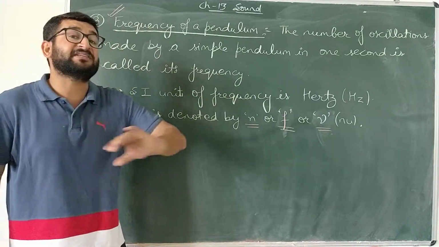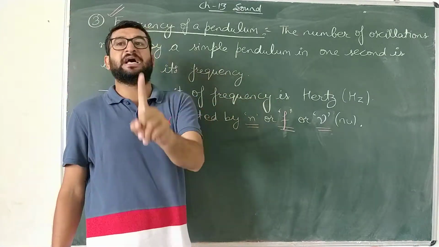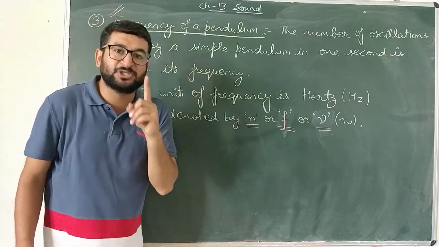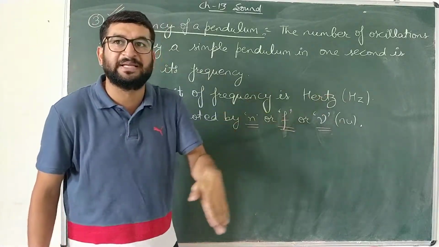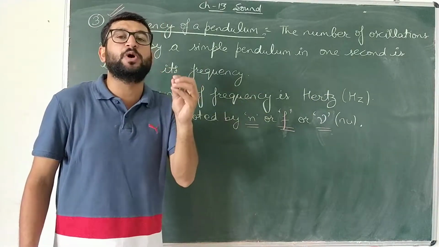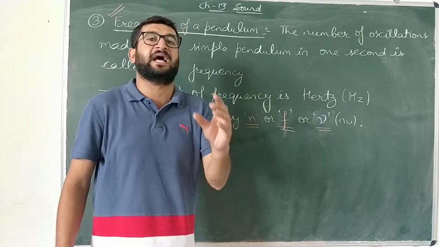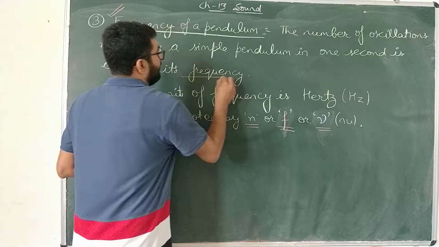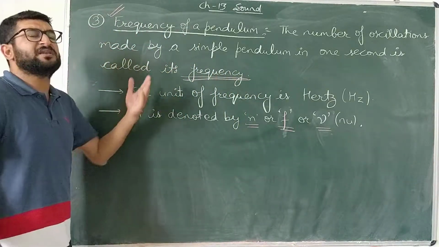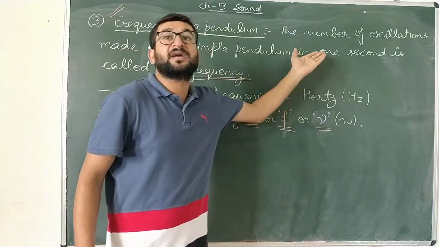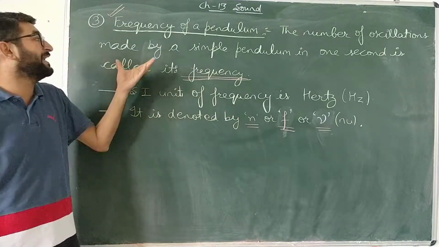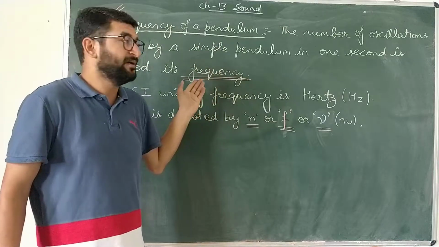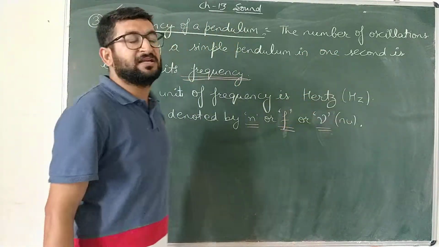That number of oscillations is known as frequency. एक सेकंड में एक पेंडुलम कितनी ऑसिलेशंस कंप्लीट करता है, कितनी टू एंड फ्रो मोशंस कंप्लीट करता है अबाउट इट्स मीन पोजीशन, दैट नंबर इज नोन एज फ्रीक्वेंसी. So the number of oscillations completed or made by a bob of a simple pendulum, you may add, in 1 second is known as frequency.